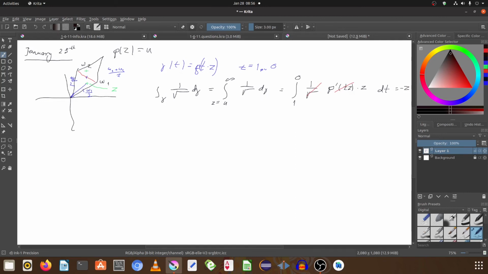The one solution I say is, instead of doing this one, we take minus z and then go in that way. Then the integral should give z. So that's the way to obtain the principal solution.